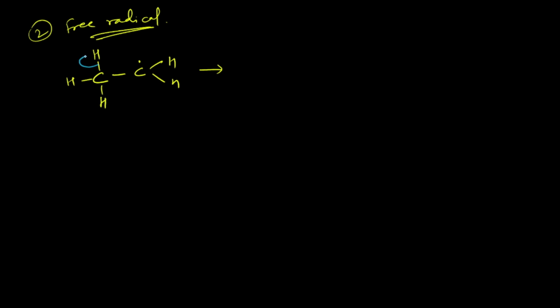One electron will move towards hydrogen, and another electron will move towards this carbon. This electron will also move towards this bond, and it will form a carbon-carbon double bond. One electron from this side and one electron from the other, so it will be a double bond. And now the radical has vanished, and it has formed a new bond.